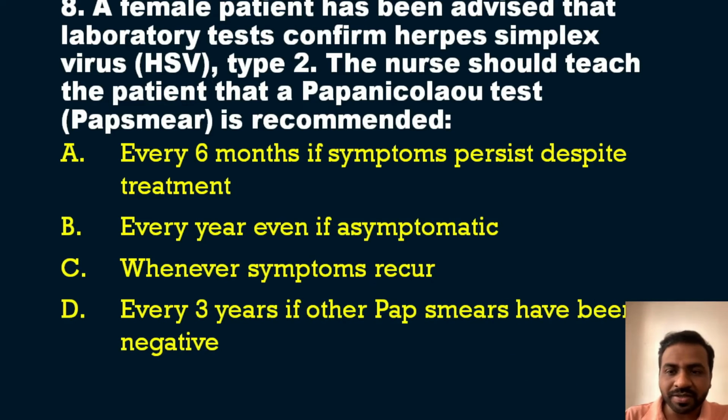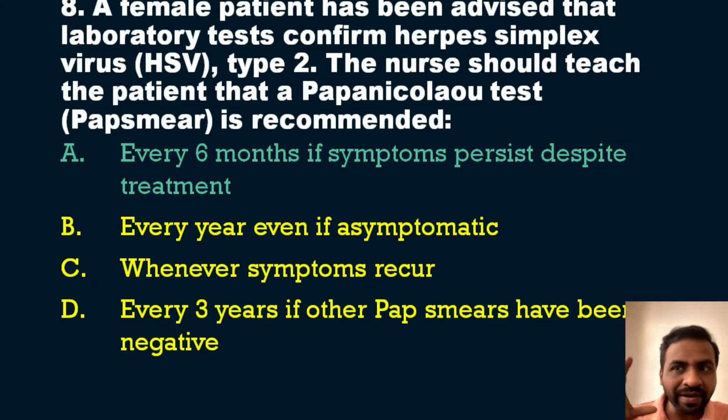And the final option, D, every 3 years if other Pap smears have been negative. So how will you recommend further testing for a patient diagnosed with herpes simplex virus type 2? That is a question for you. So what is the answer? The answer is option A, every 6 months if symptoms persist despite treatment.